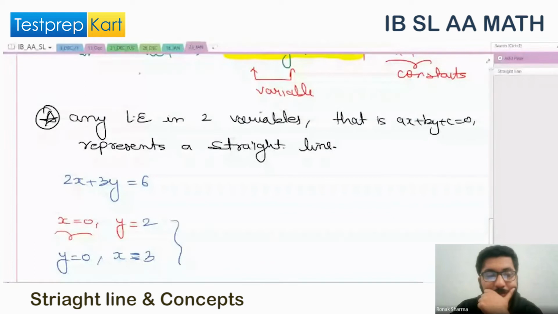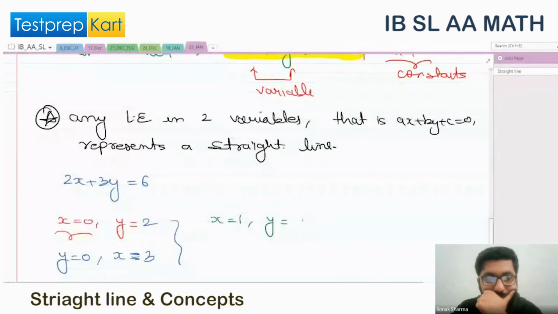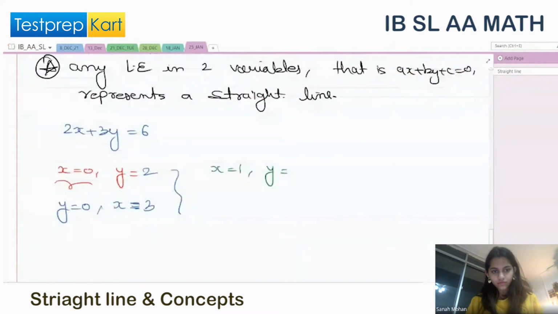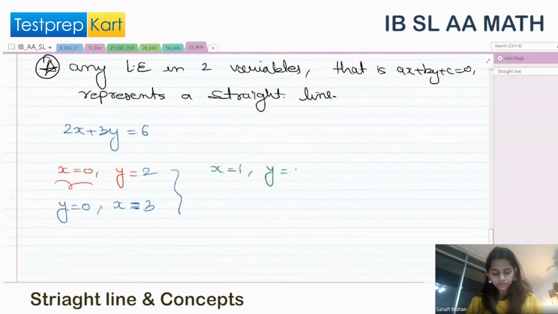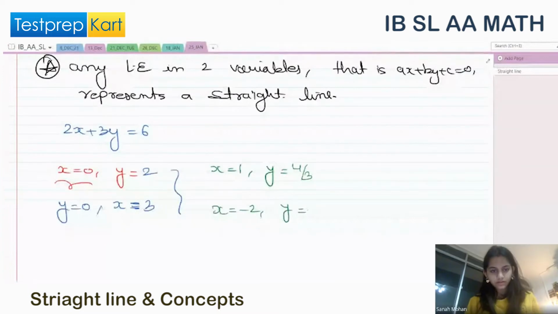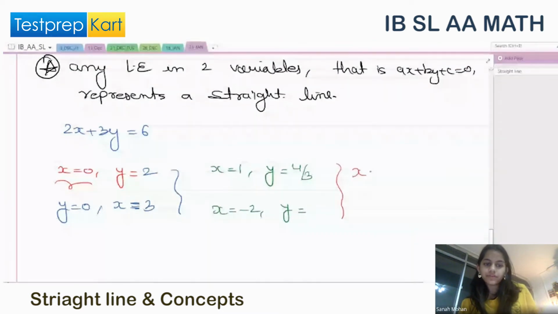Good. Okay, now let's take a few more examples. Let's say if x equals 1, then y equals 4 over 3. Good. Let's say x equals minus 2, then y equals 10 over 3.